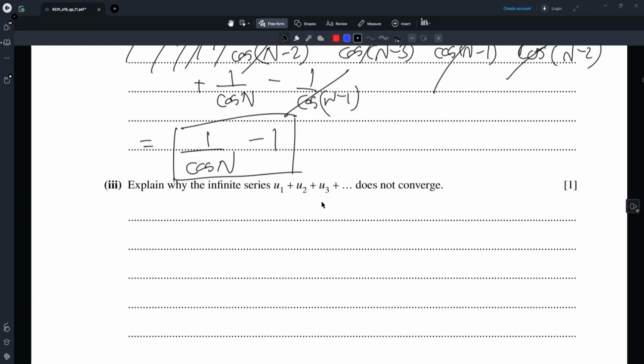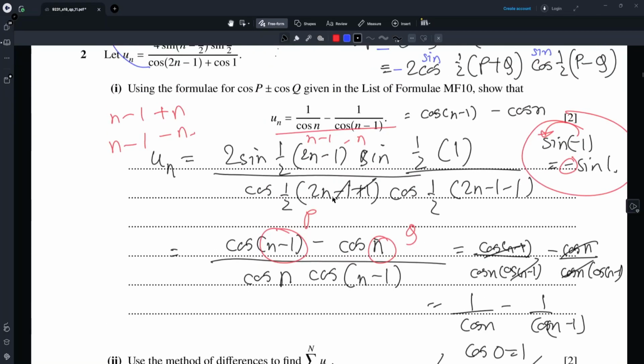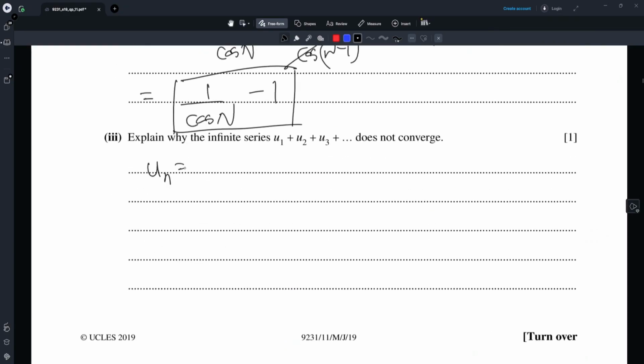But if we notice, I can go back to here. u n equals 1 by cos n minus 1 by cos n minus 1.